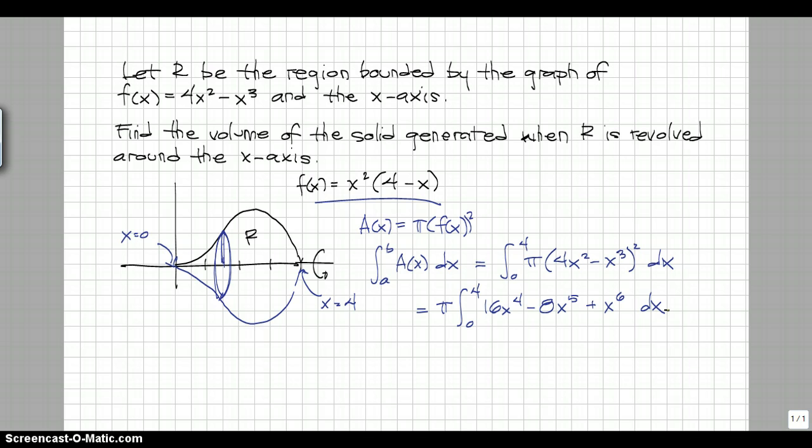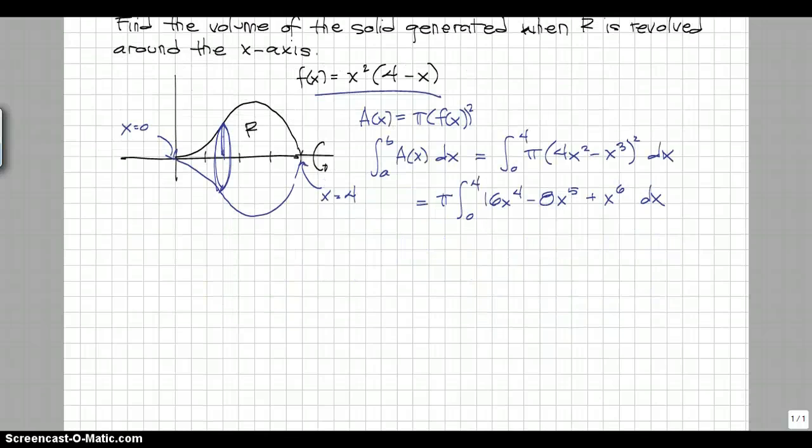And I can evaluate each part of that integral by the power rule for integration, working on each term. So I get pi times, and I'm going to increase the exponent by 1 and divide by the new exponent. So I have 16x to the 5th over 5 minus 8x to the 6th over 6 plus x to the 7th over 7, and I'm evaluating from 0 to 4.